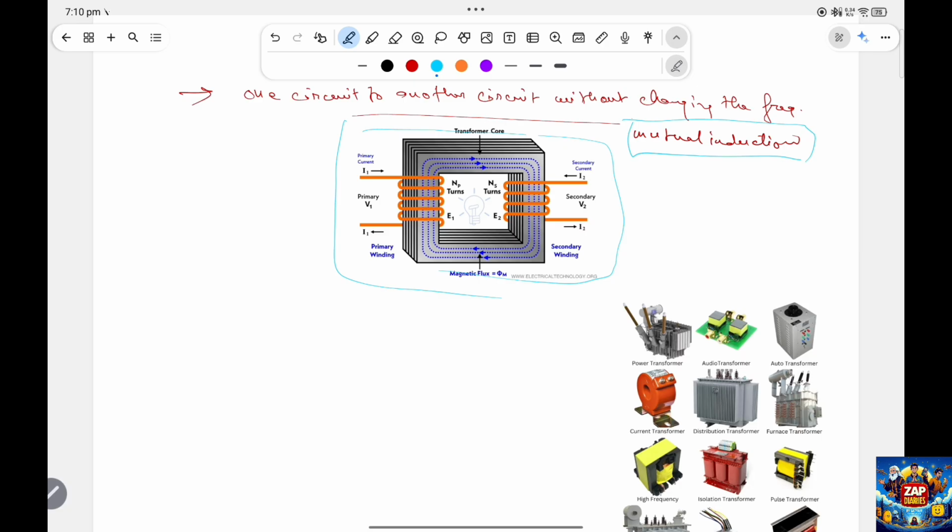When an alternating voltage, say from the primary V1 side, is sent to the transformer, it travels through this winding, and this magnetizes the transformer core.